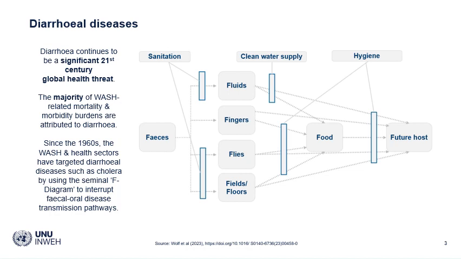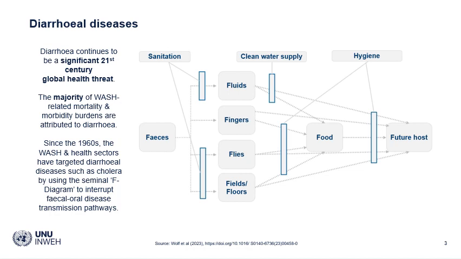Fluids refers to any liquid substances that may carry fecal contamination, such as drinking water, wastewater, sewage, or runoff from agricultural fields. These fluids can serve as vectors for transporting pathogens from fecal sources to water bodies or food sources.